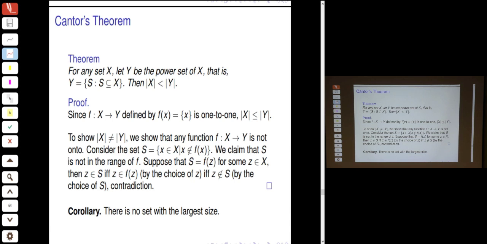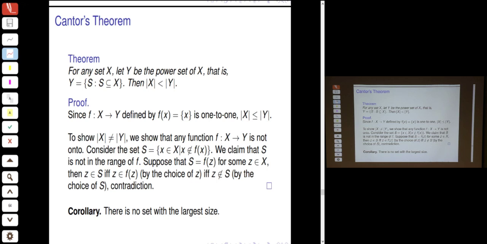So let capital Y be the power set of X. That is, Y collects all the subsets of X. So Y consists of all the sets S, where S is a subset of the given set X. Now, the conclusion is that Y has strictly larger size than X. We'll spend 20 minutes on this.